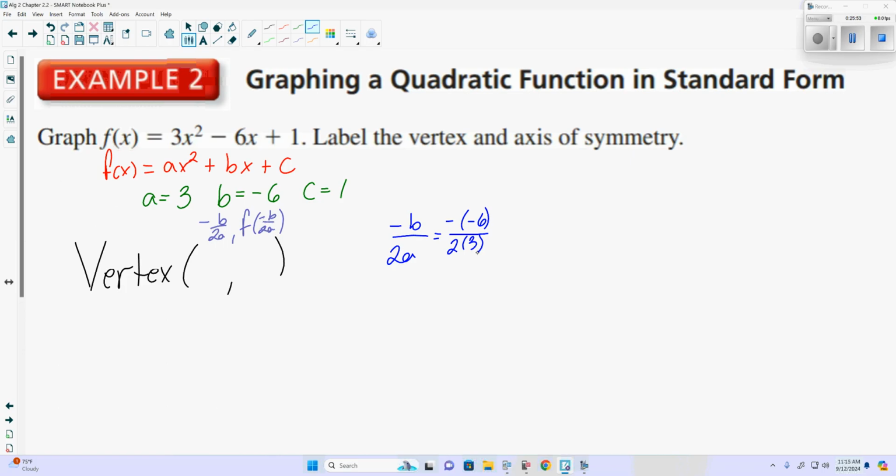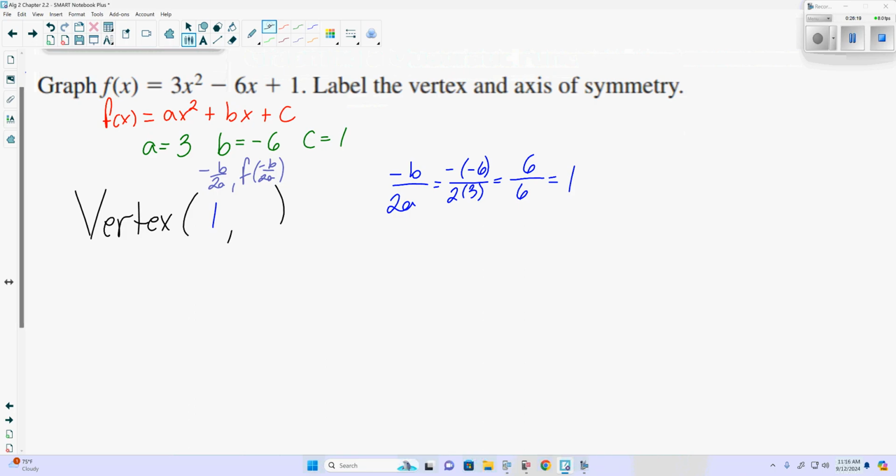If we do this by hand, the negative 6 is just 6, 2 times 3 is 6, and 6 divided by 6 is 1. So the x value of the vertex is 1.